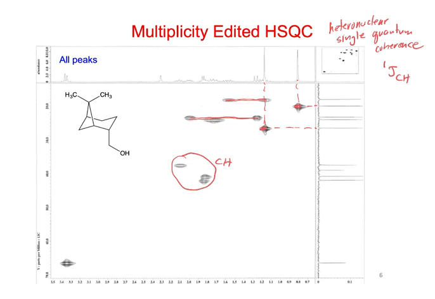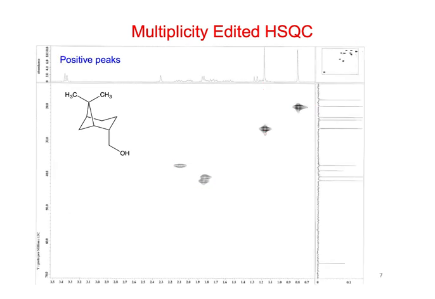If you plotted it in color, you could plot those in different colors. However, you can also tell the computer when you're plotting to plot only the ones with positive or only the ones with negative. So the next one is all the positive peaks.